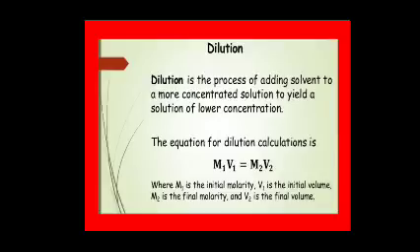The equation for dilution calculation is M1 V1 is equal to M2 V2, where M1 is the initial molarity, V1 is the initial volume, M2 is the final molarity, and V2 is the final volume.